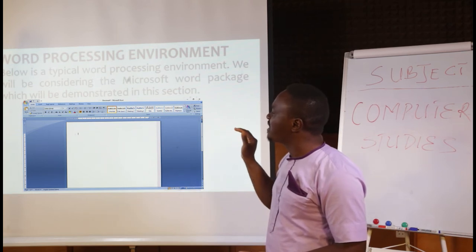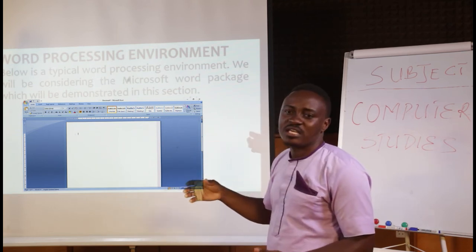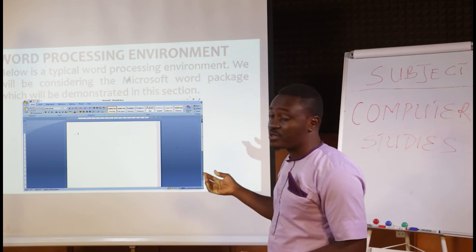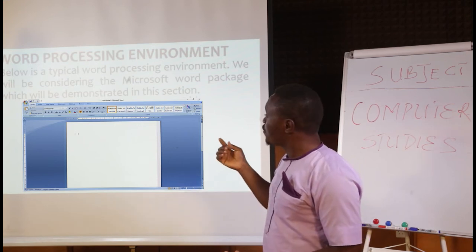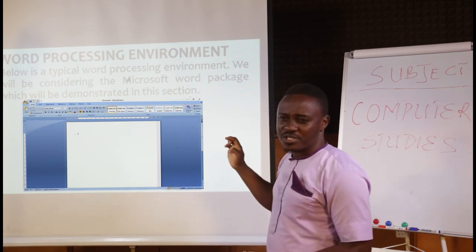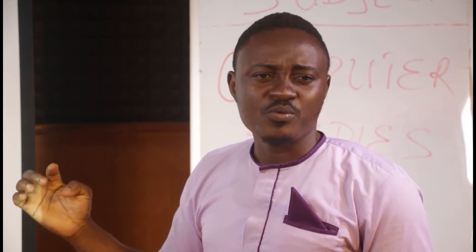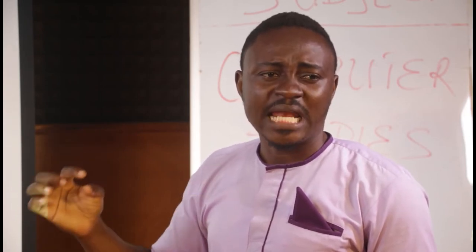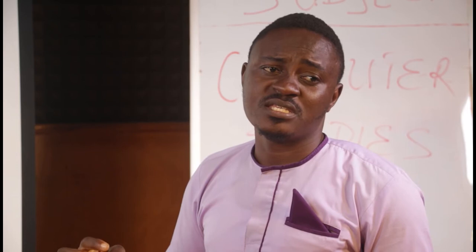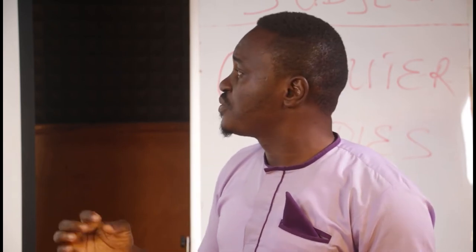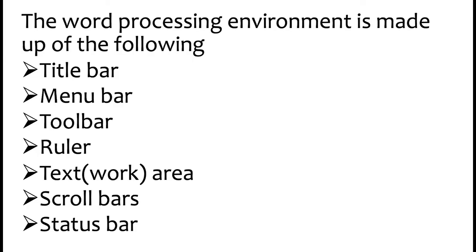It's made up of different things. It also has a lot of features we are going to be considering. In our next class we would be able to elaborate on each of these features. The word processing environment is made up of the following features. We have what we call the title bar.